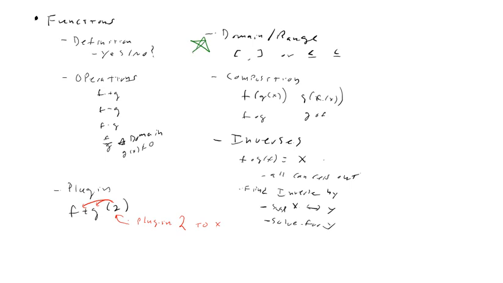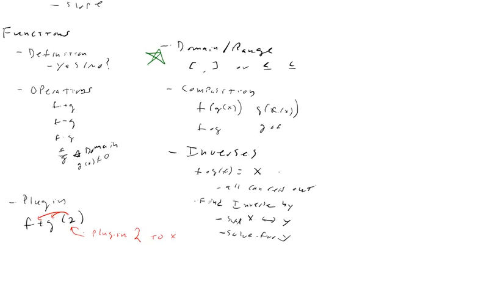Let me just sort of put next to here on domain range. There are only two ways to restrict domain. Two restrictions. There's only 2 kinds of restrictions for the domain, right? 2 restrictions.